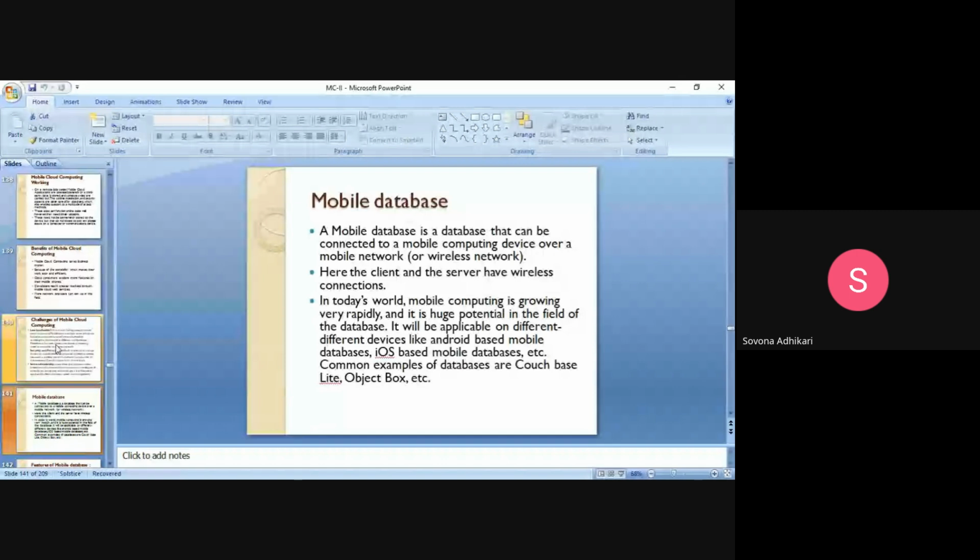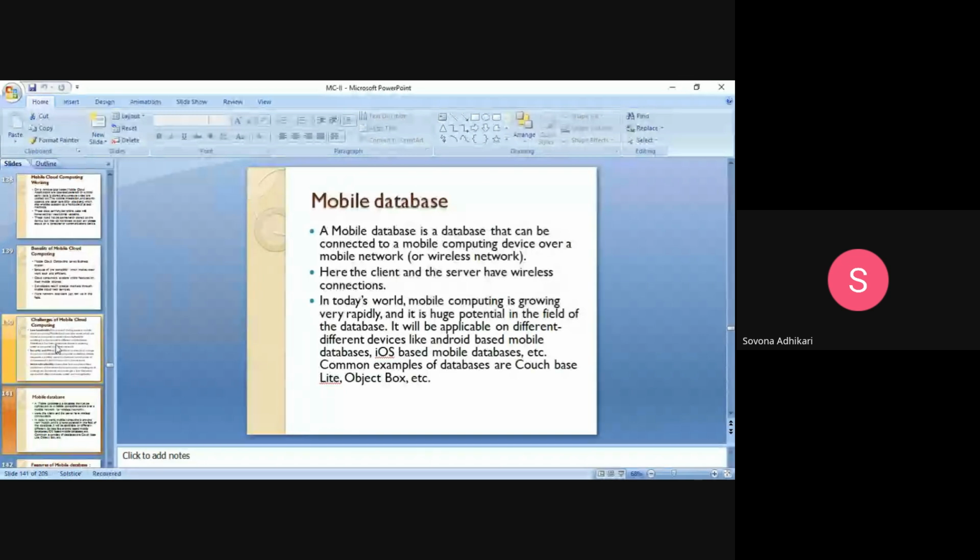Here the client and the server have a wireless connection. So the client as well as the server both have a wireless connection. That is why the database is referred to as a wireless mobile database.